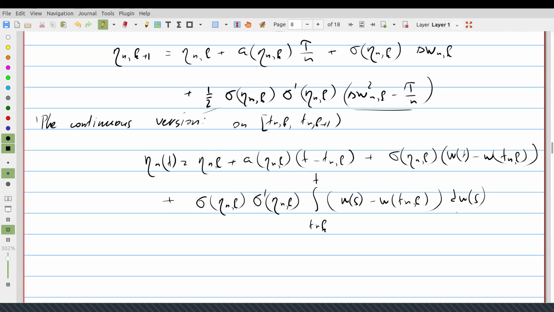In the multi-dimensional setting, you will need mixed derivatives. So this will depend on the direction, and you will have stochastic integrals with different Brownian motions. In general, this is actually kind of a problem.